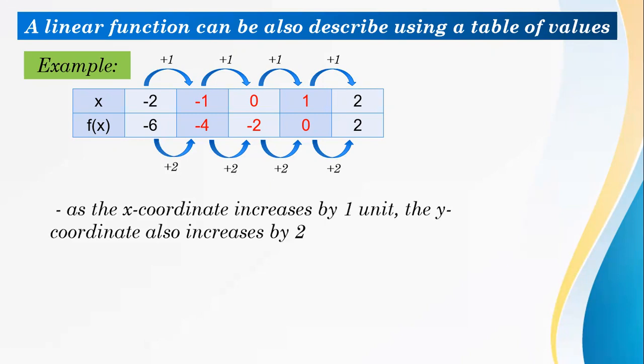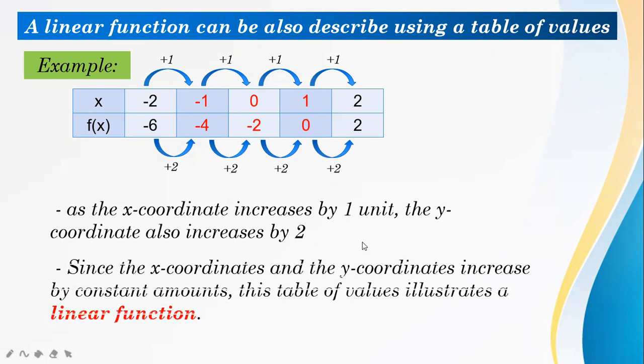So it means that as the x coordinate increases by 1 unit, the y coordinate also increases by 2. So again, the x coordinate increases by 1, the y coordinate also increases by 2.